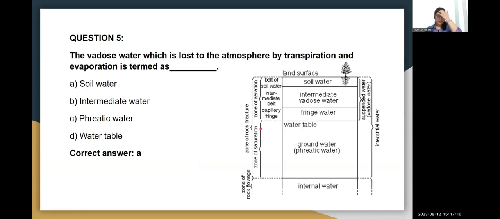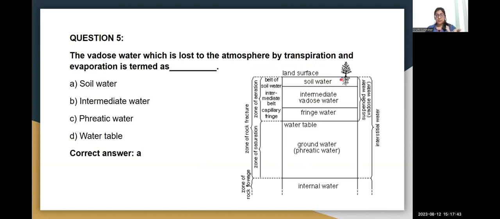As shown earlier, this is the subsurface soil classification, the differentiation of the layers of the soil. Soil water is the water that is available in this soil water zone. The soil water zone is also called the root water zone. It is this portion of the soil where roots are highly prevalent and obtain water.